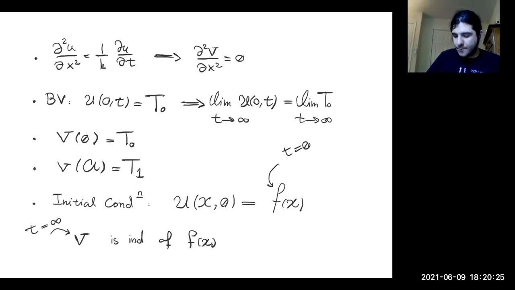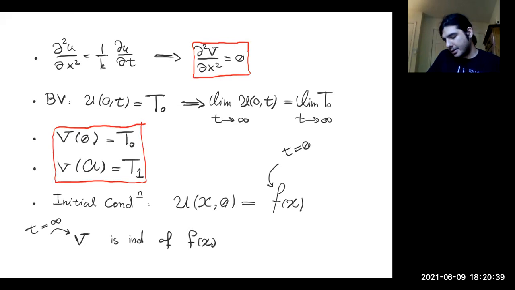Now let's try to solve this new equation we have for v. So this is our equation for the function v, and these are our boundary value conditions for v, T0 and T1, and there is no initial condition for v. We still have boundary value conditions, but no initial condition.